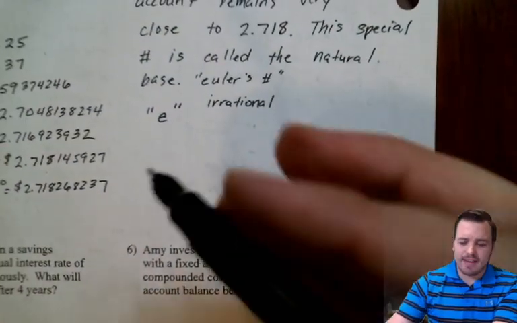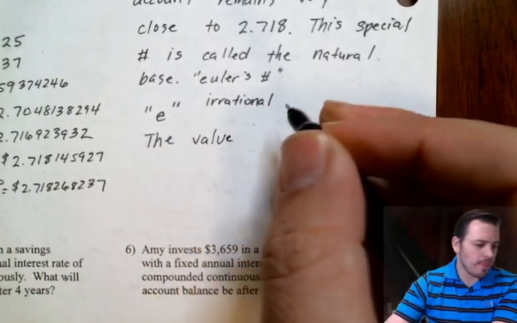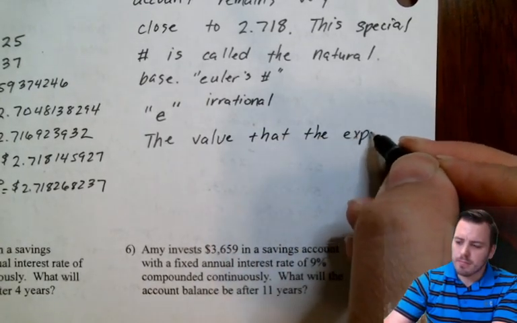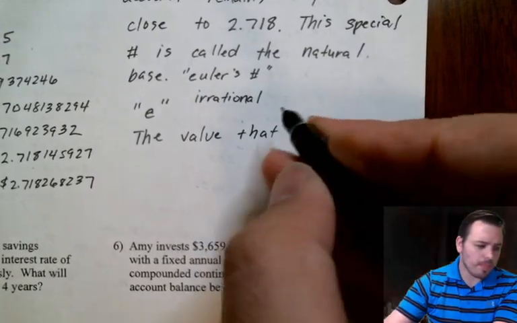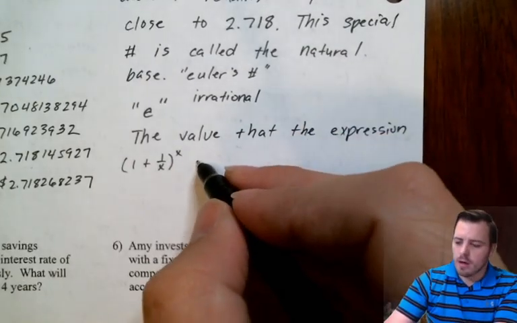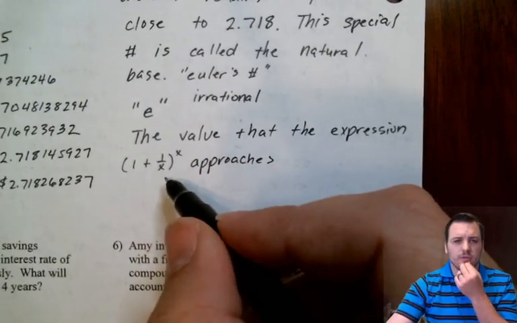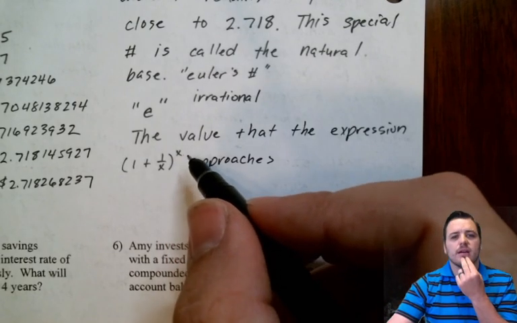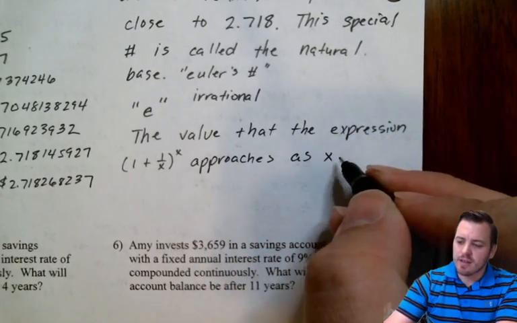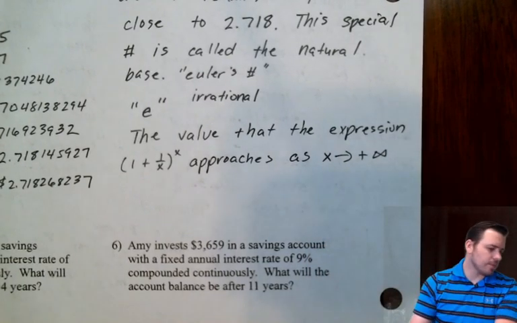Okay? So I'm going to write that down. The value that the expression (1 plus 1 over x) to the x power approaches as x approaches positive infinity, this is behavior, guys.